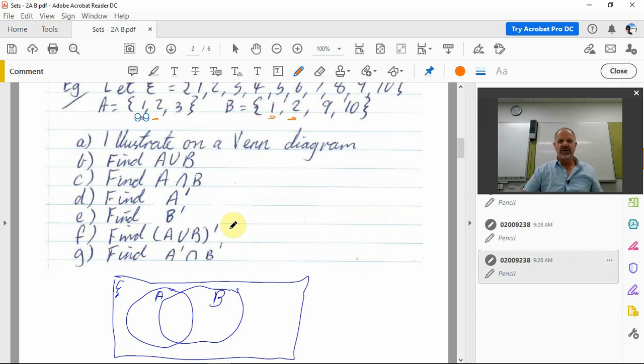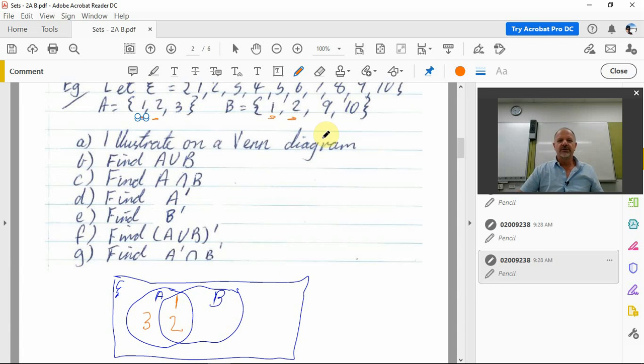So seeing as they're in both of those sets, we would put those numbers in the overlap. So the numbers 1 and 2 go in there. So the number 3, it's in set A, but it's not in B as well, so it's got to be out over here. That shows that it's in set A.